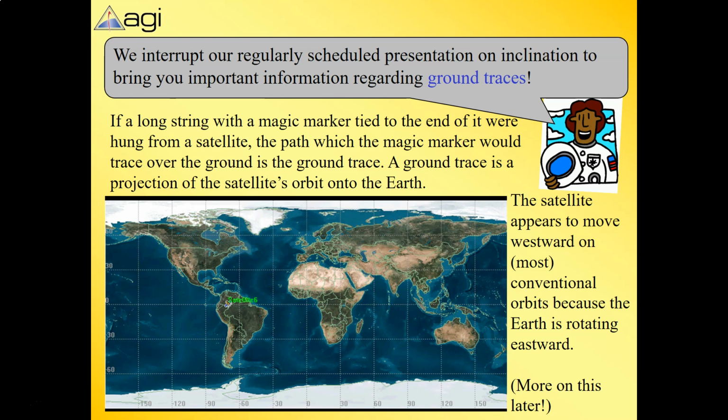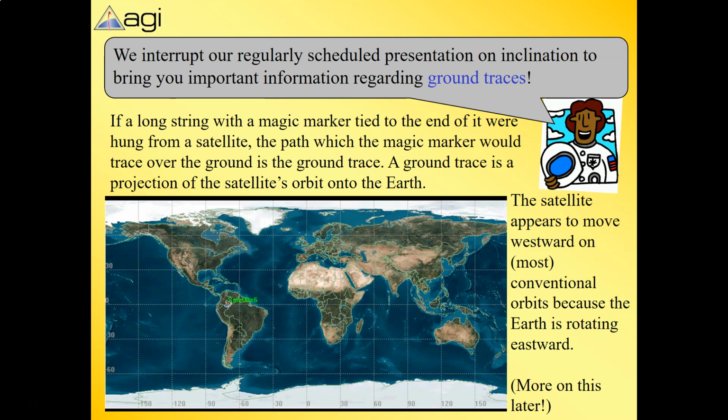So yes, in talking about the inclination, it's important for us to talk about the ground trace. I'm going to read again off of the slide. We have a satellite. It's in orbit. And if a long string with a marker is tied to the end of it, and it hung down to the Earth, the path that marker would trace over the ground is called the ground trace.